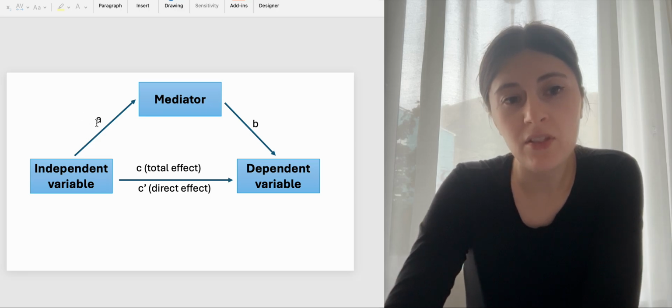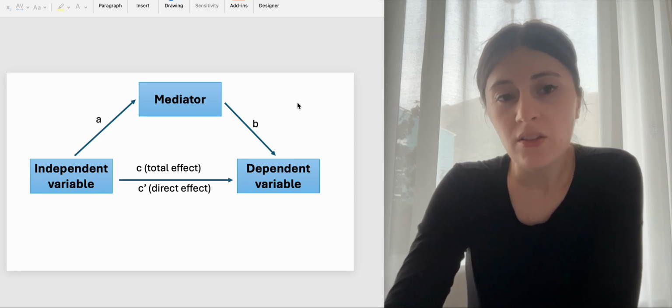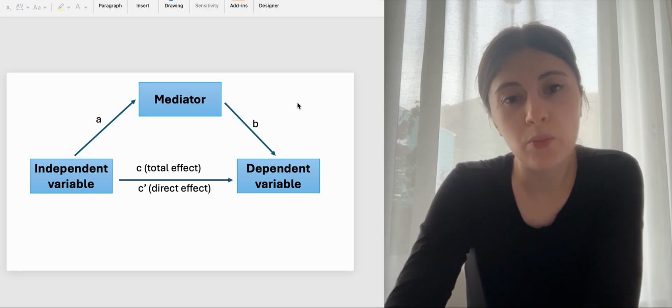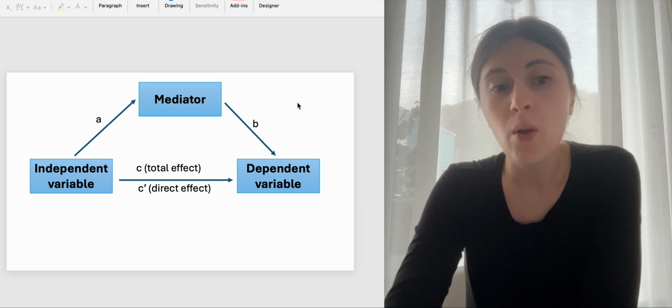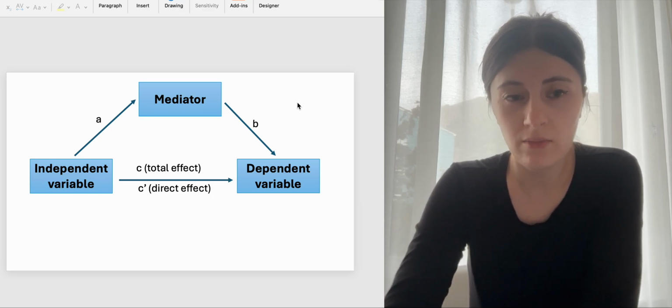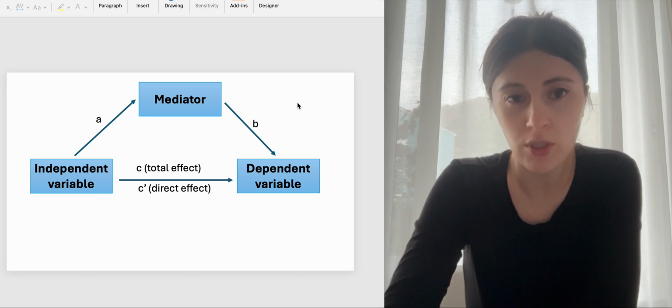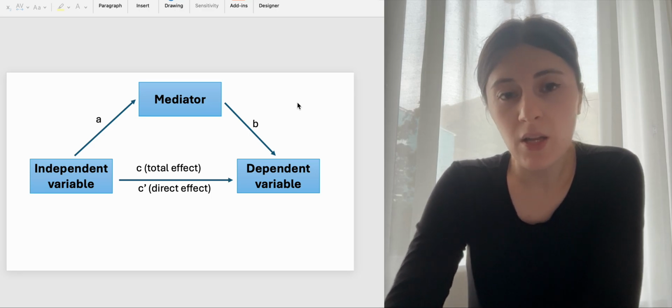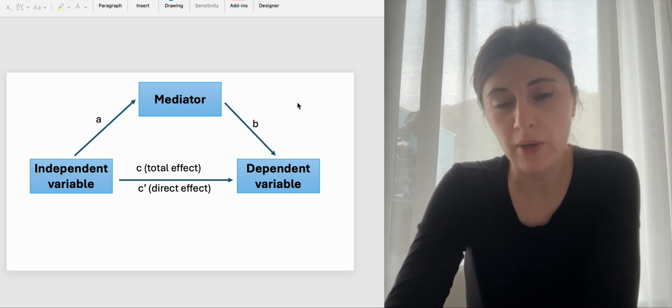If this path is significant, we then go to the second path, path B. And this path answers the question whether the mediator predicts the dependent variable when the independent variable is controlled. Now, why is it important that the independent variable is controlled? Because path B allows us to understand the unique contribution of the mediator to the dependent variable.